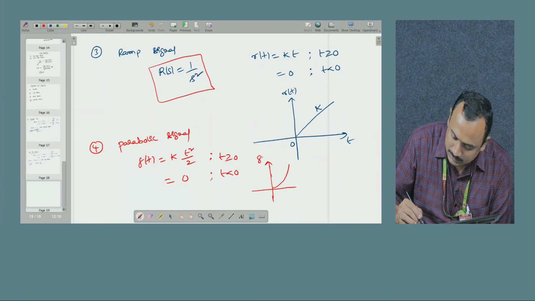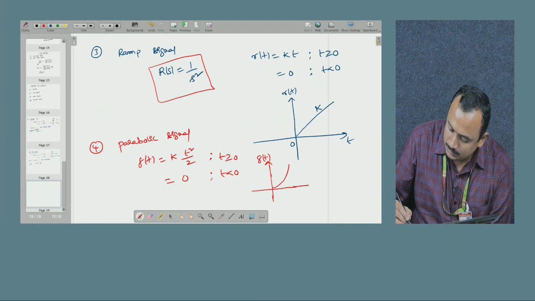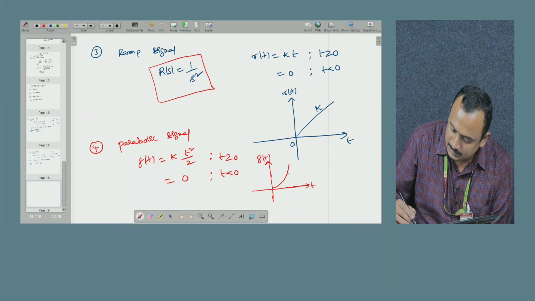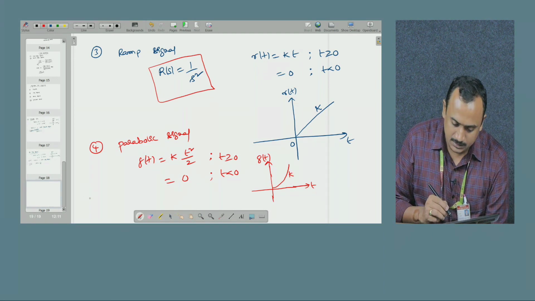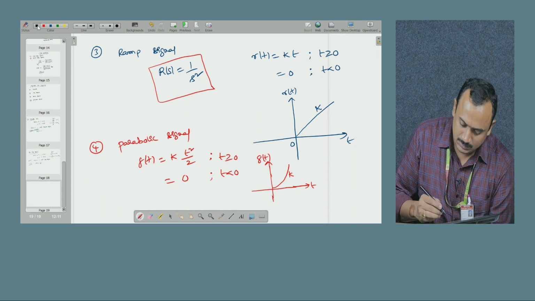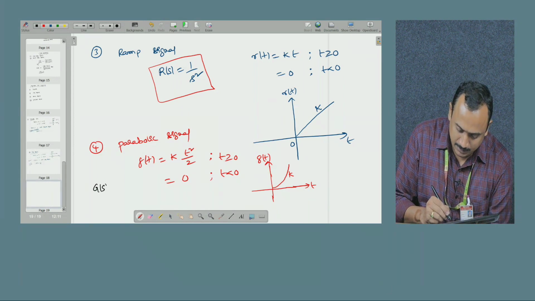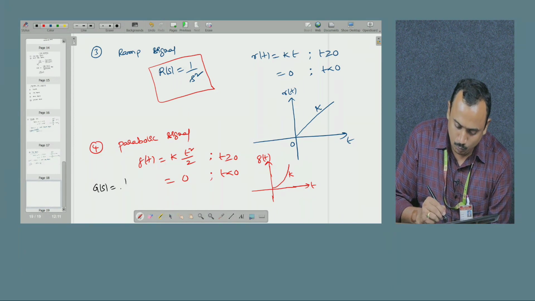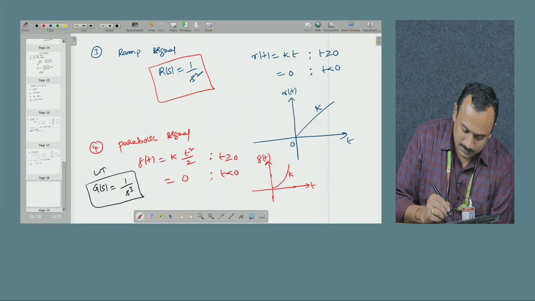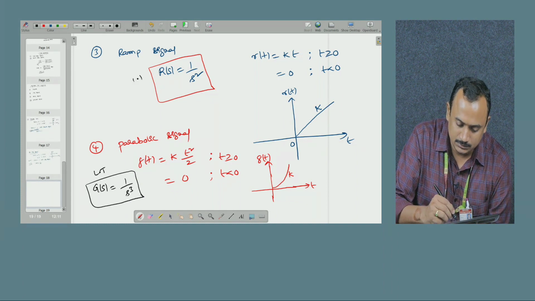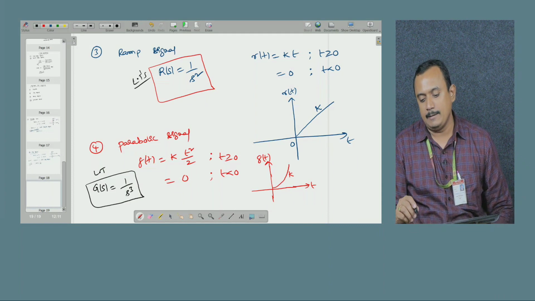This is, let us say, your g of t, and this is t, and let us say this magnitude is some k. And what is the Laplace transform? G of s becomes 1 by s cube. This is the Laplace transform.